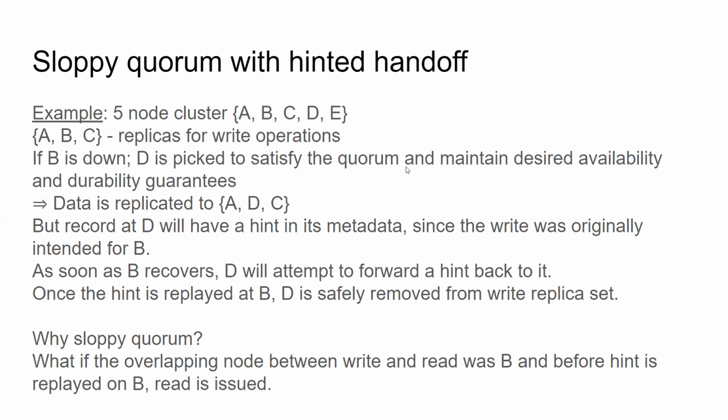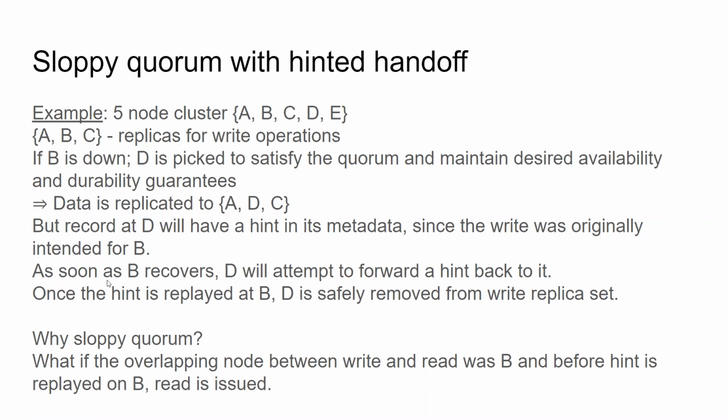So I pick that to satisfy the quorum, and then the data is replicated to A, D, and C. But when you write the data to a node which is outside your quorum, you also add some additional information in its metadata called a hint, since the write was originally intended for B. The whole idea is that when B comes back, you want to go back to the original quorum.